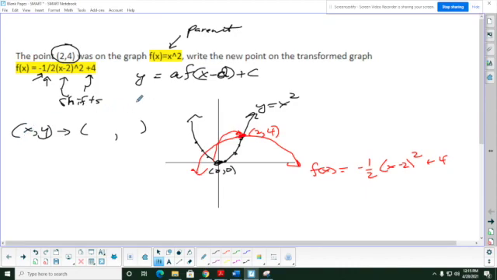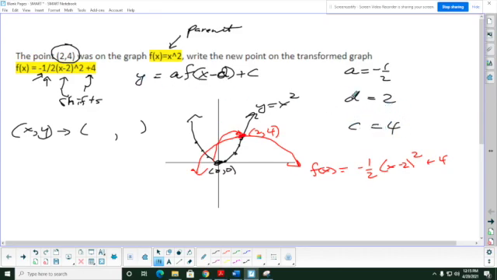The y values are the easiest to follow because you just multiply by whatever your a value is, which in this specific example is negative 1/2. Your d value, the thing that gets subtracted inside the bracket, is 2, because it's minus 2. And your c value in this case is 4.